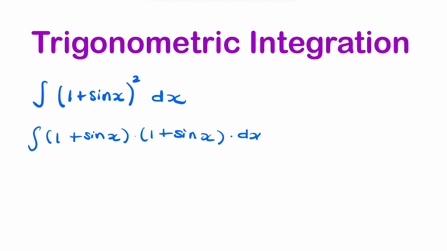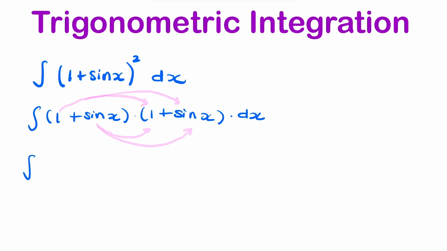And I guess the only thing we can now do is to multiply the 1 times the 1, then the 1 times the sine x, then sine x times 1, sine x times sine x. So we now get 1 plus sine x plus sine x plus sine squared x dx.